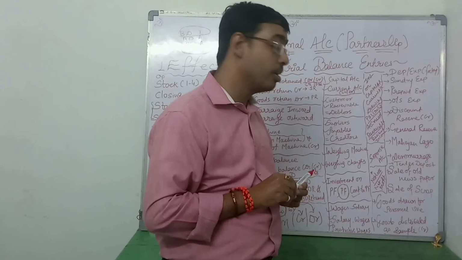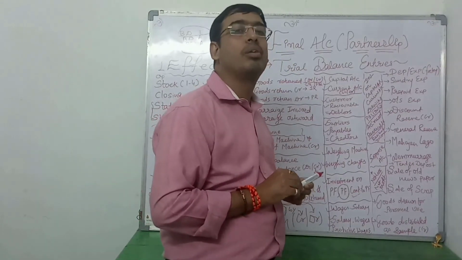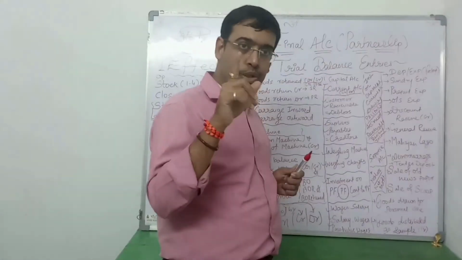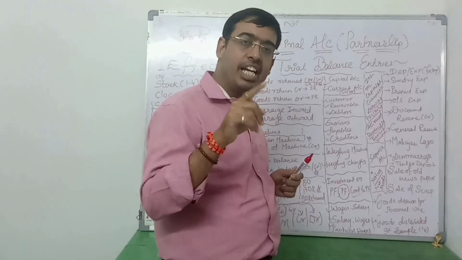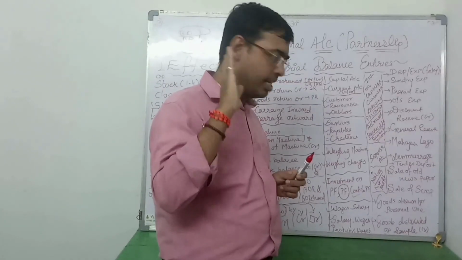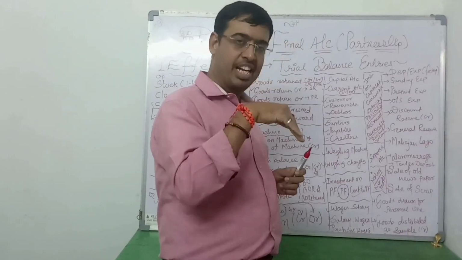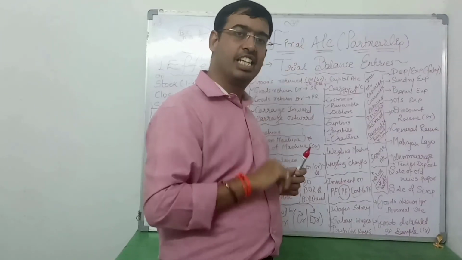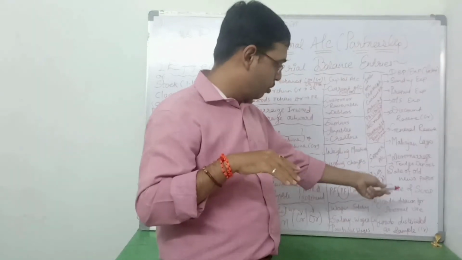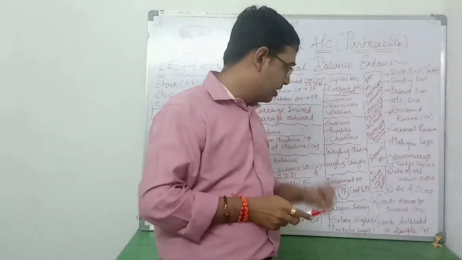Whenever goods drawn for personal use is given on the credit side, you have to subtract it from purchase on the trading account debit side. If you do subtraction from the debit side, it is credit side, so opposite. So purchase minus goods drawn for personal use, if it is given on the credit side.